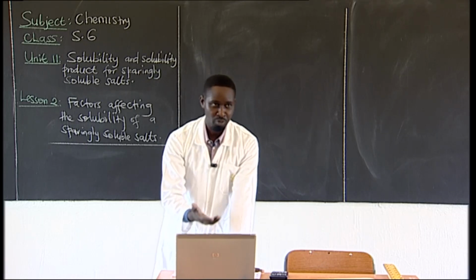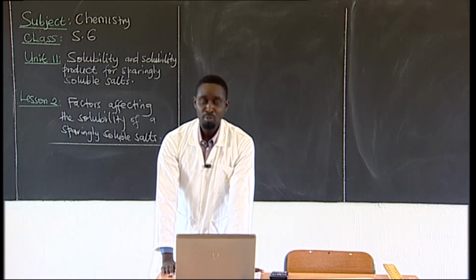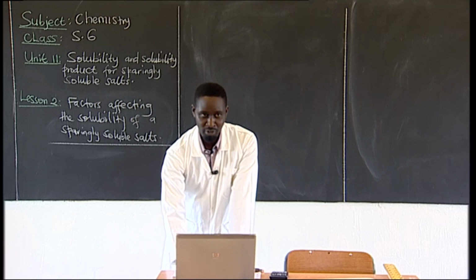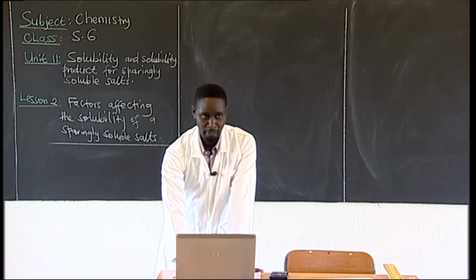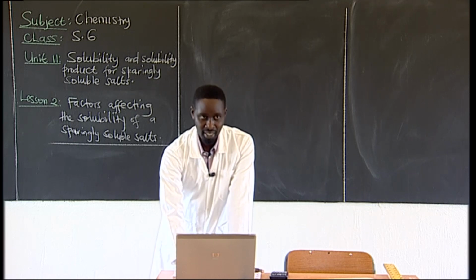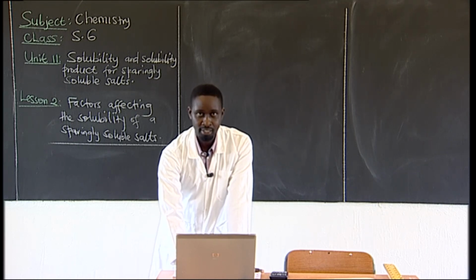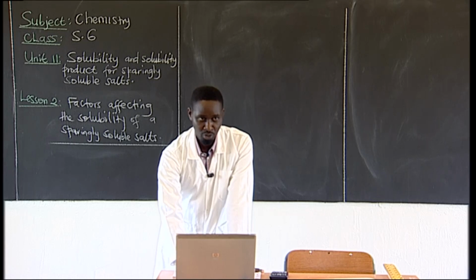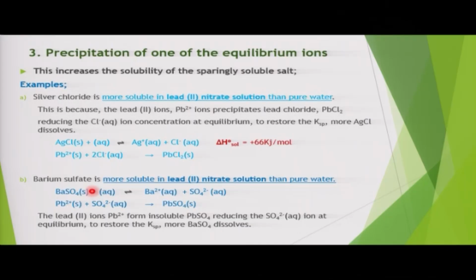Same principle with barium sulfate, more soluble in lead 2 nitrate than in water, because lead precipitates the sulfate as lead 2 sulfate. So the barium sulfate has to continuously dissolve to bring the sulfate ions.